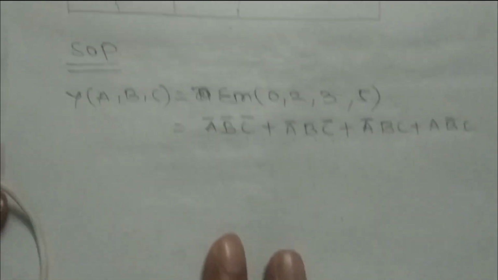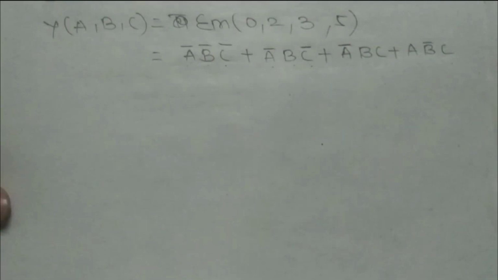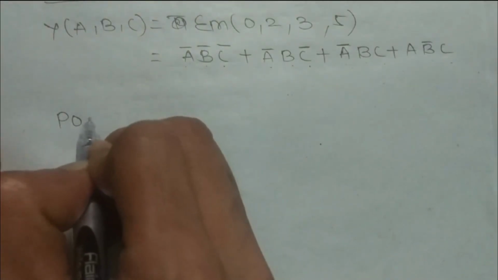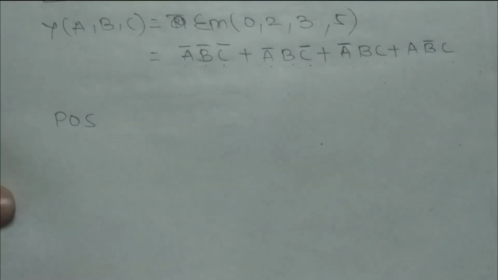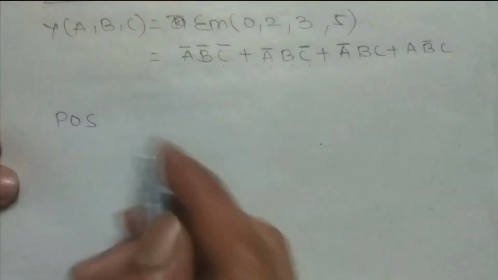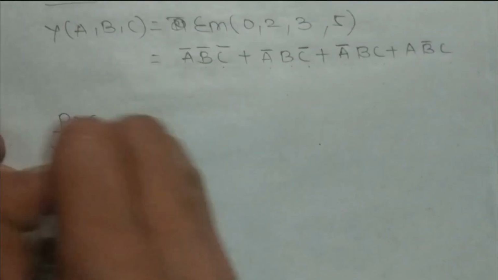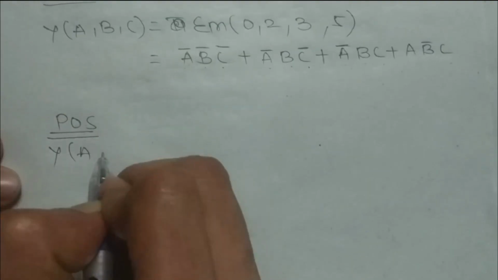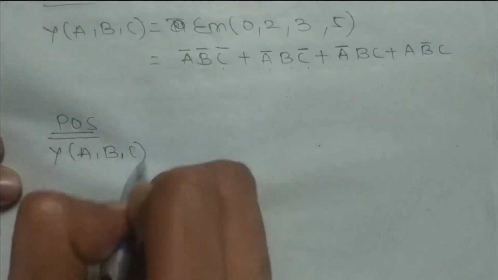Next come to POS, that is product of sums. The same truth table can be written in terms of POS. Y is a function of A, B, C. We see which terms give low output.